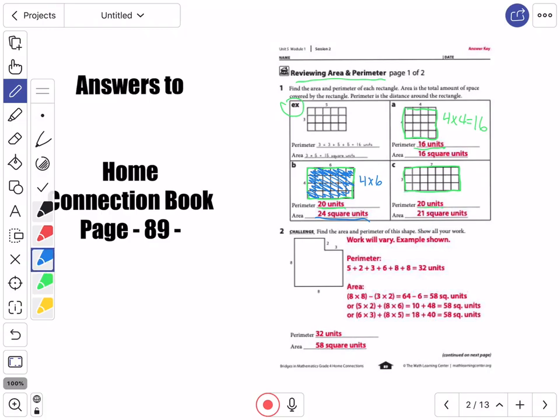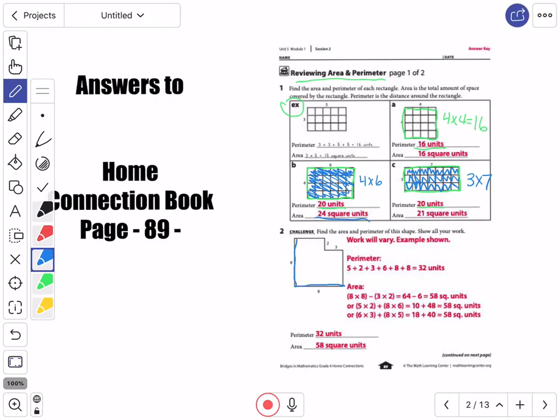And for C, the perimeter would be 3 plus 7 plus 3 plus 7, and that's 20 units. And then the area, or how much space it takes up, would be 3 times 7, which is 21 square units.